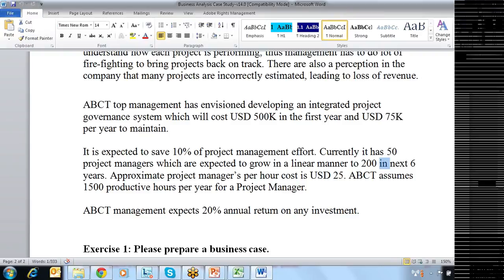It is expected to save 10% of the project management effort. So the approach is already identified. If you have similar approaches, you have to identify them and mark them. It's not necessary that we follow that approach, but it is critical.